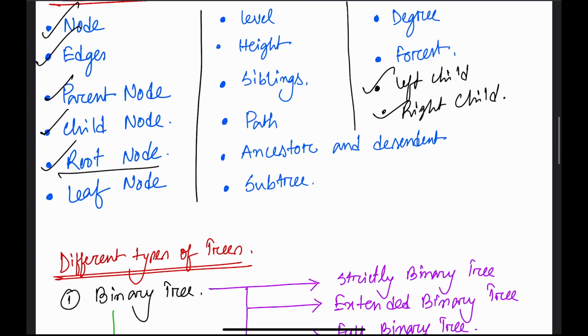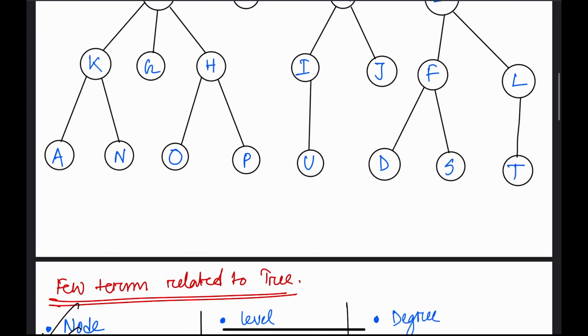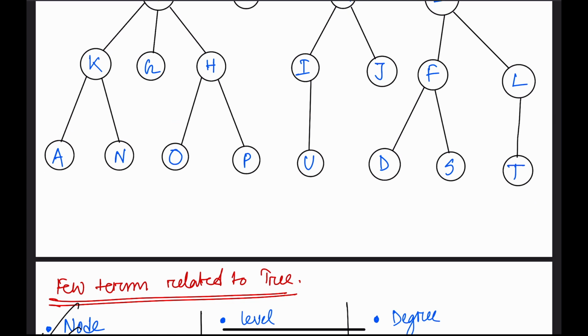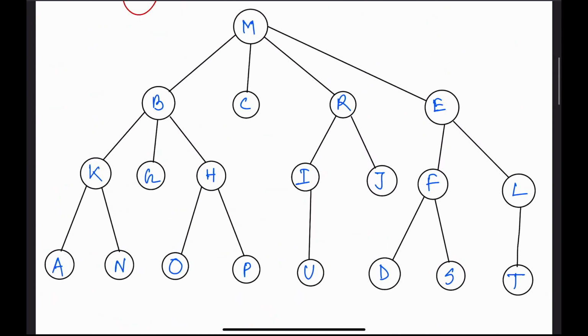Okay, now if I talk about leaf nodes, what are leaf nodes? The last level, the lowest level nodes, are called leaf nodes. And if I talk about levels, levels are like this.